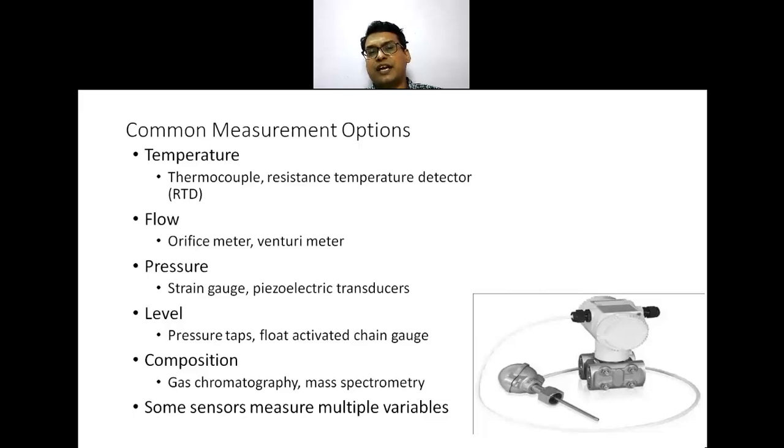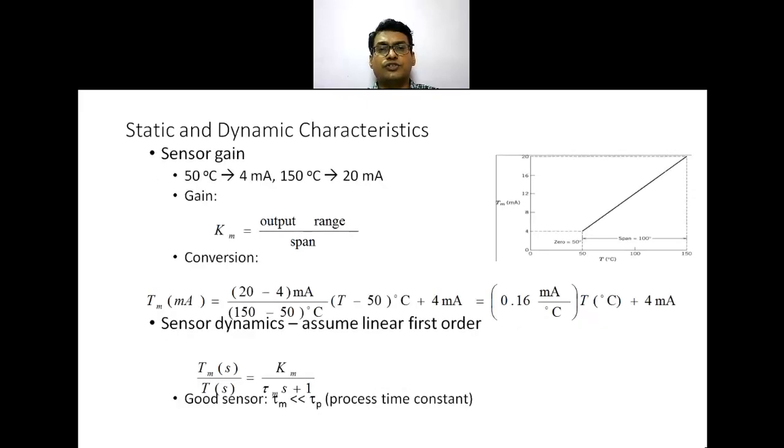For pressure, strain gauges or piezoelectric transducers are there. Then for level, pressure taps or float activated chain gauges are there. Composition you require to measure with the help of gas chromatography or mass spectrometry. So all these different measurements are required in the industries.